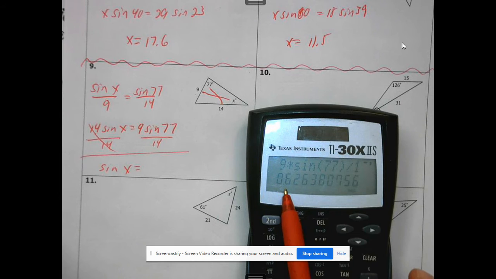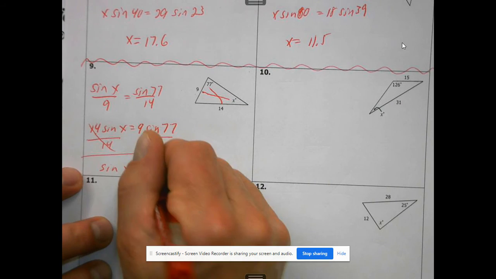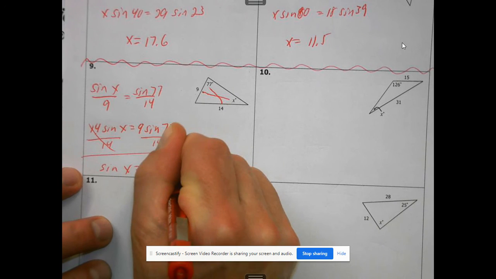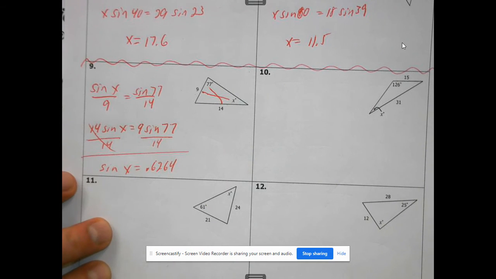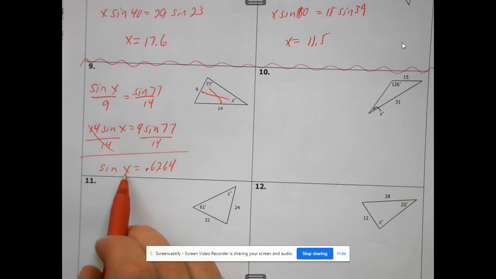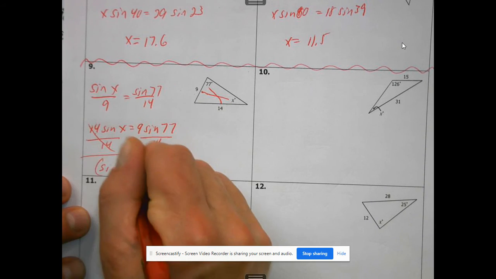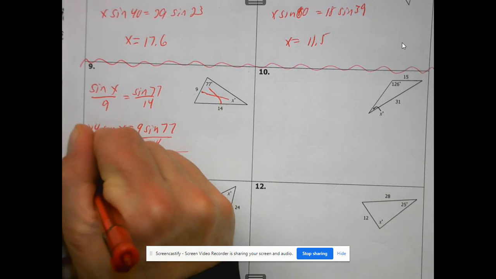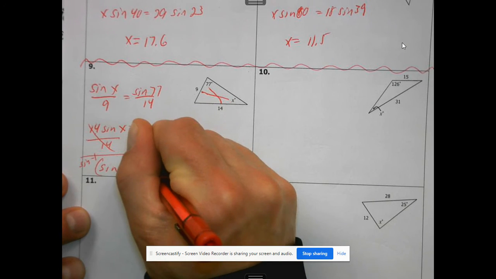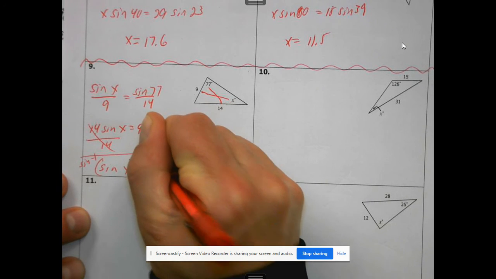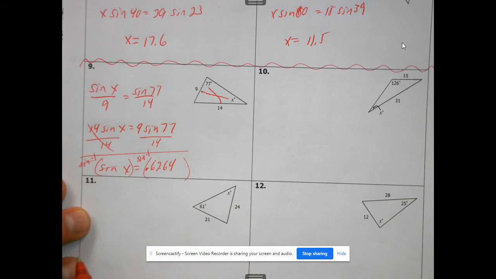So 0.6264, let's call it. And from last lesson, we know to solve for a missing angle, we have to multiply both sides by the inverse. So inverse of sine. Left side, they cancel out.